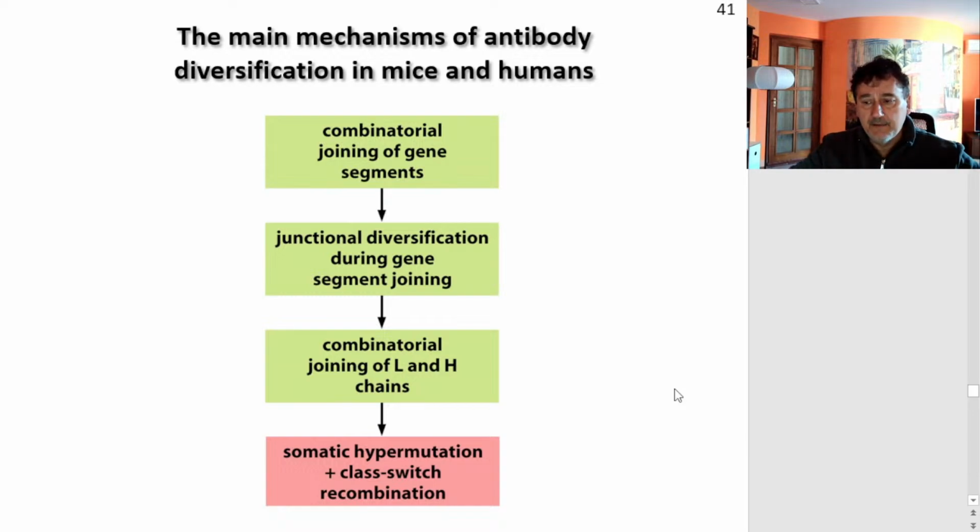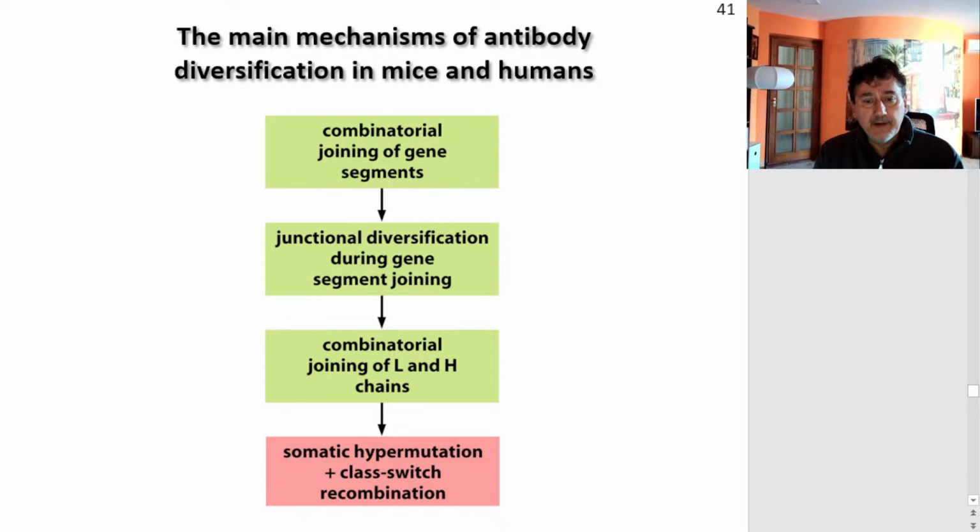So we have all of the antibodies which are produced, or actually at this stage there are no antibodies but B cell receptors. Antibodies are only produced when the specific B cells bind to an antigen. So this green color illustrates those events which happen with the B cell receptors before encountering antigens.